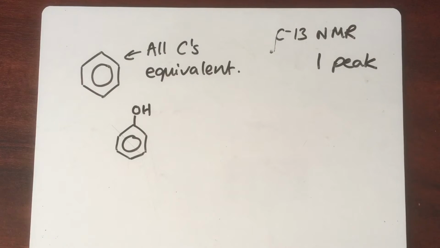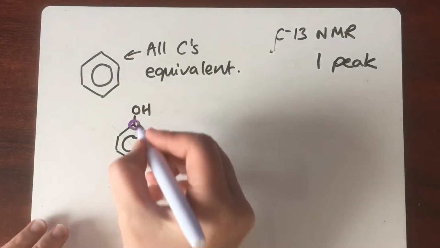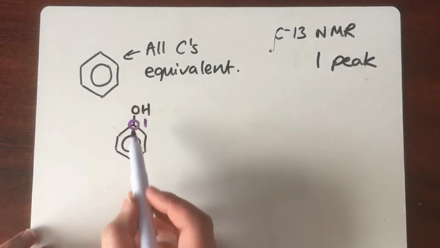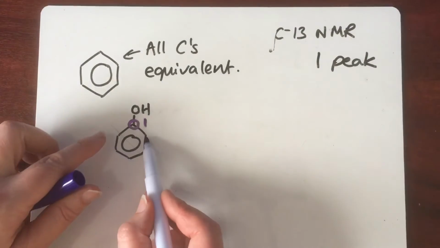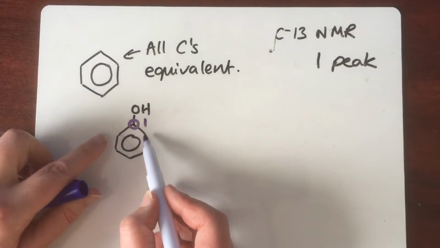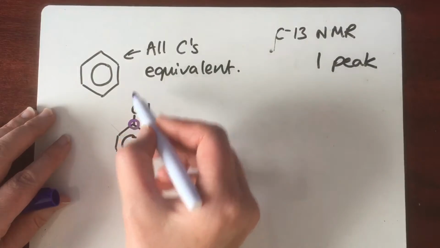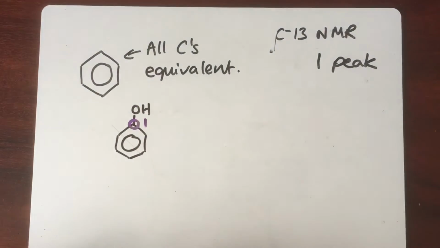And now we've got a situation where this carbon here is one carbon environment. That carbon is attached to the two carbons there and there, but it's also attached to the oxygen. We've got a line of symmetry going through here, and we're always looking for lines of symmetry when we're looking at this sort of problem.